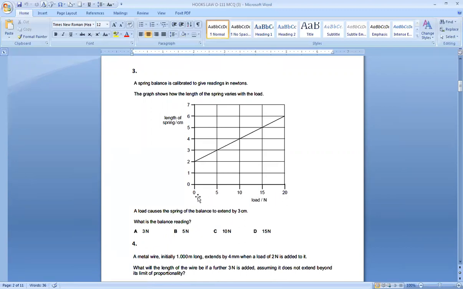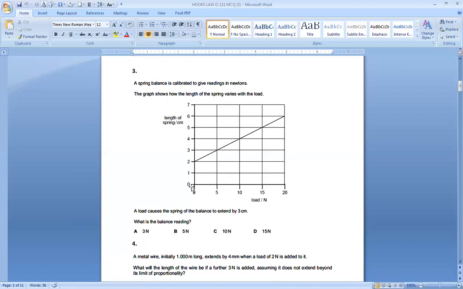At the beginning of the graph, at zero load, there is a length of 2 centimeter shown along the vertical. It means 2 centimeter is the actual length of the spring without load. That is the actual length of the spring.